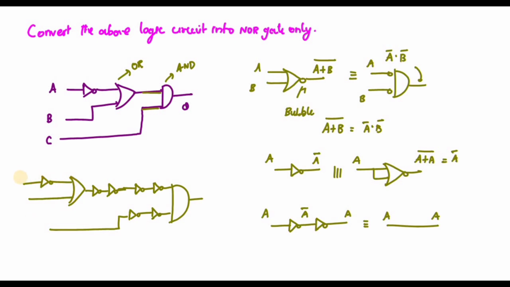So this is my A, this is my B, and this is my C, and this is my Q. Okay. So now you know this is a NOR gate, right? This is a NOR gate, and this is also a NOR gate, right? Since it is a bubble, this is also a NOR gate. This is also a NOR gate.